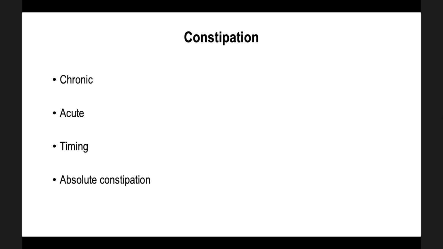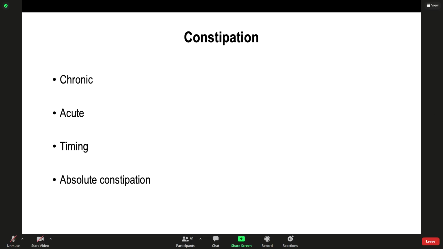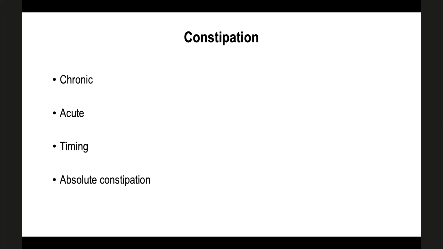When you talk about absolute constipation, it is the absence of the passage of feces and flatus. Yes, there are only two things that we pass that way, no? So absolute constipation is not just the absence of passage of feces, it's also the absence of passage of flatus. Very basically, nothing is going out downstream.